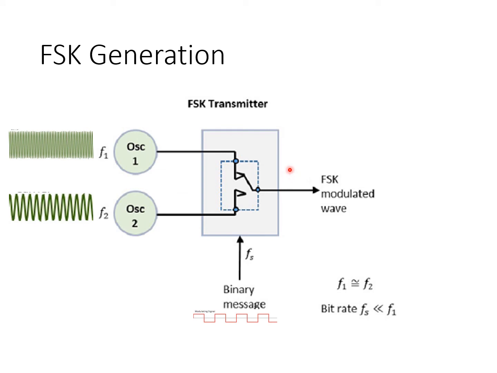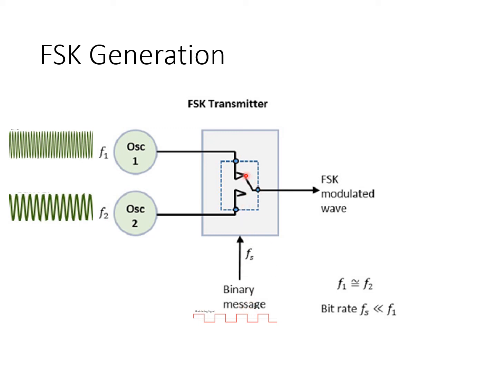To generate a frequency shift keyed waveform, we can again use a switching mechanism which switches between two ports. That is, we can have two local oscillators, one generating a high frequency signal and one generating a low frequency signal. These two frequencies can be denoted by f1 and f2, where f1 will be greater than f2. This switch can be controlled by a binary signal.